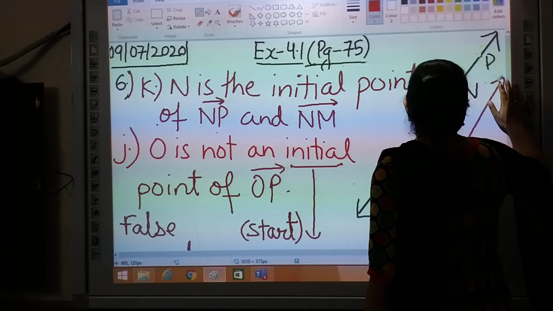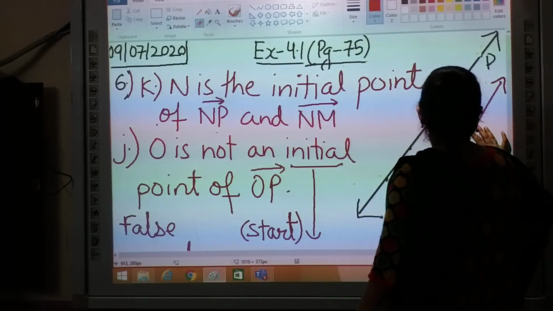Yes, it is clearly seen that N is the initial point. We can clearly make it out from the figure.